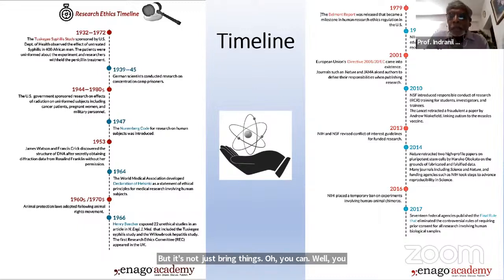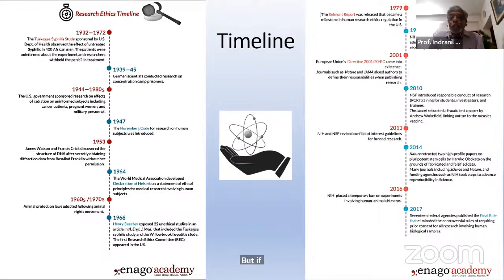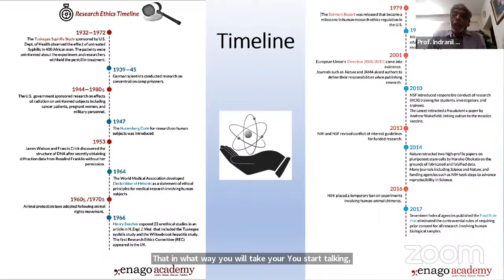That's true. But the philosophical angle comes in there, that you also need to survey, presuppose, ideate, and conceive in what way you will take your research activity forward, in what way you will take forward your publication, in what way you will take forward your interaction with your fellow researcher, what will be your vision.